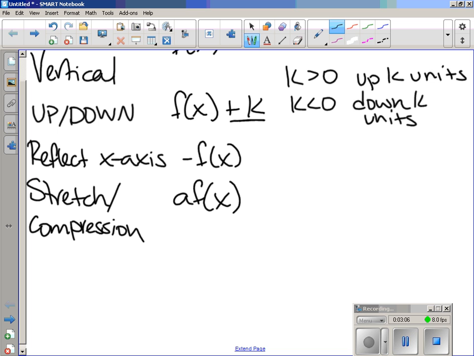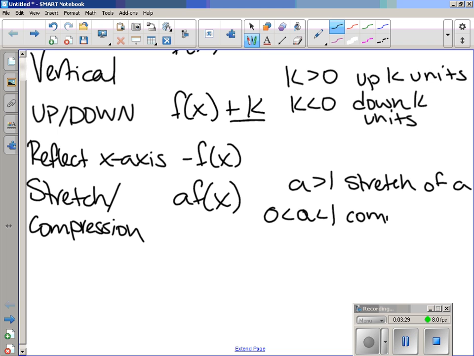We talked about this in a previous video about dilations, but if A is greater than 1, it's going to be a stretch of that number. If it's a number between 0 and 1, in other words fractions, it's going to be a compression of that number.